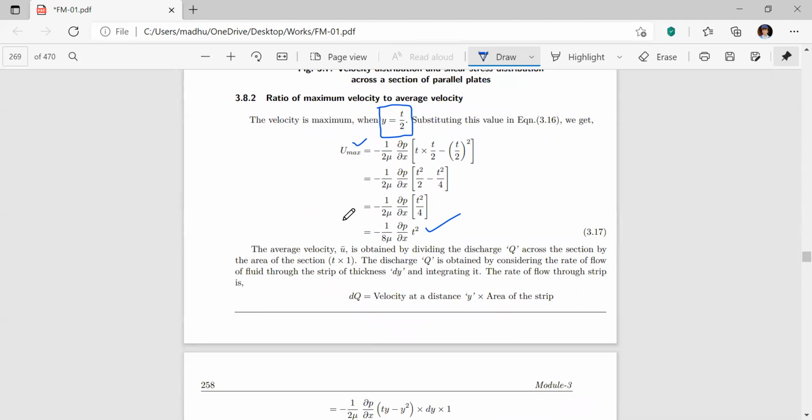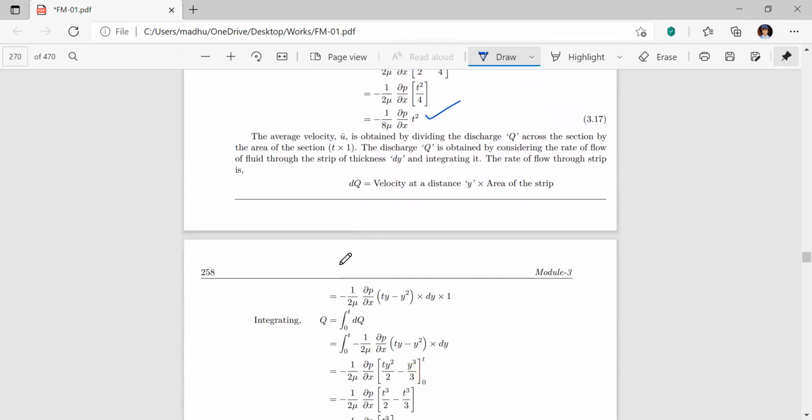Here the average velocity u bar is obtained by dividing the discharge q across the section by the area of the section. The discharge q is obtained by considering the rate of flow of fluid through a strip of thickness dy and integrating it. You can see that dq is the velocity at a distance y times the area of the strip.